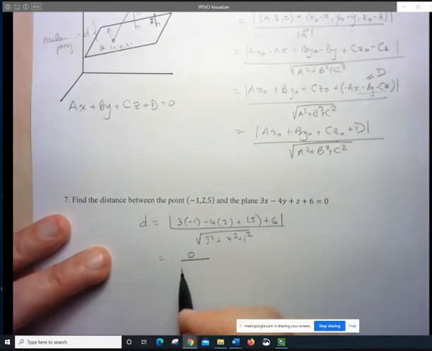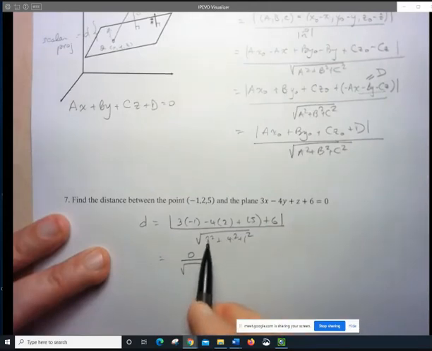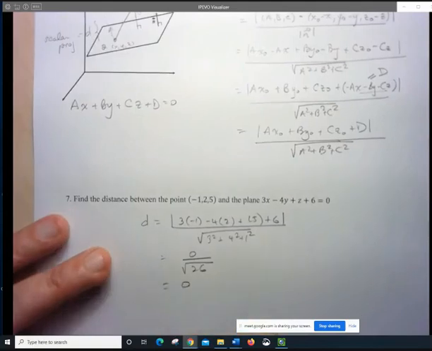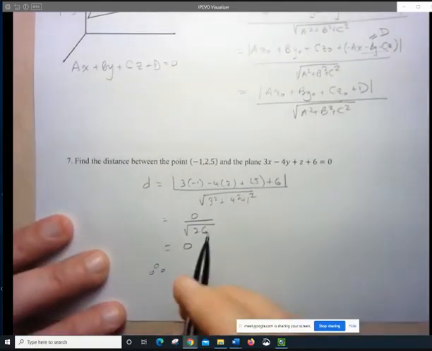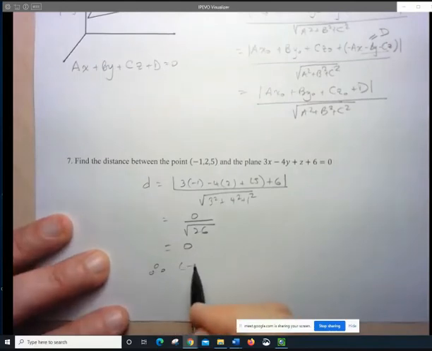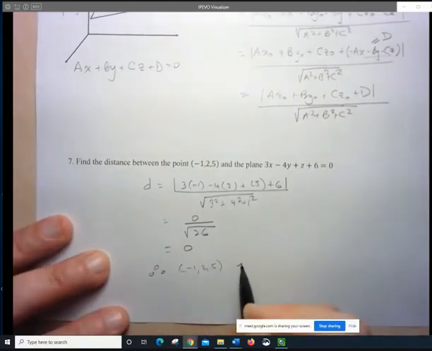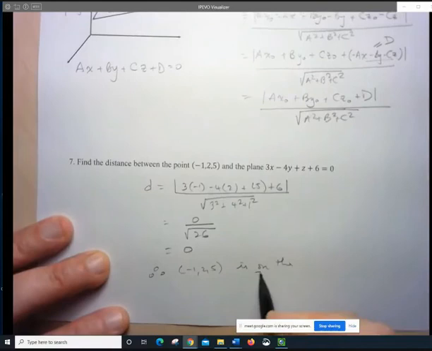Oh, lo and behold, what do we end up with? 9 and 16 is 25, and 26 with the 1, and there you go. That's equal to 0. So we can assume at this point that -1, 2, 5 is on the plane.